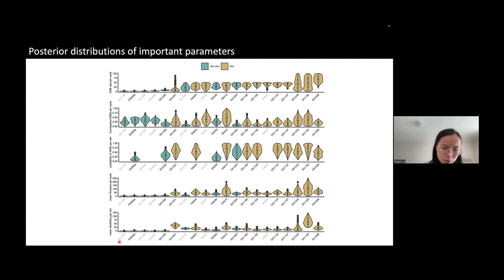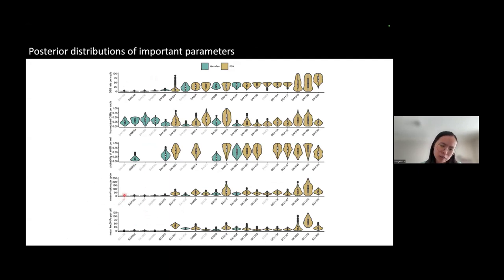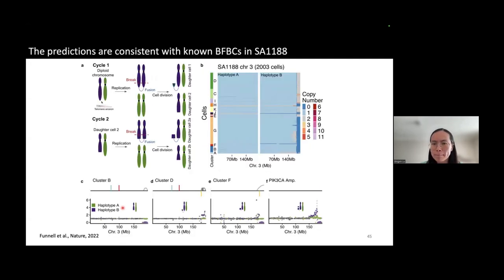For example, for this SA118, in the original paper, they found there's a breakage fusion bridge cycle, indicated by the cartoon here on chromosome 3. So this suggests there's one chromosome fusion in this data set, and in our prediction, the value is also around 1 or 0. So it confirms our prediction is reliable.